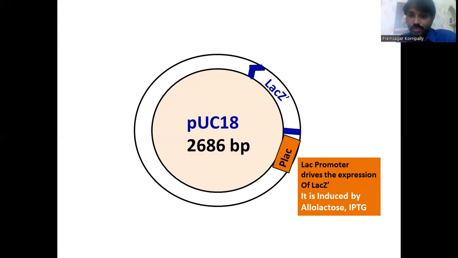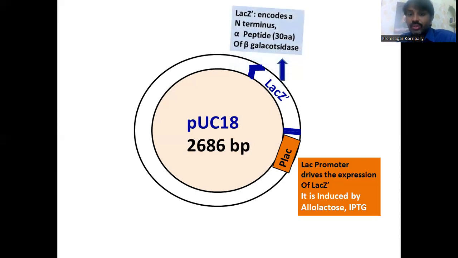So this lacZ prime encodes the alpha fragment of beta galactosidase, about 30 amino acids of beta galactosidase.